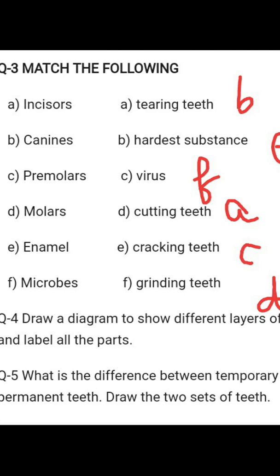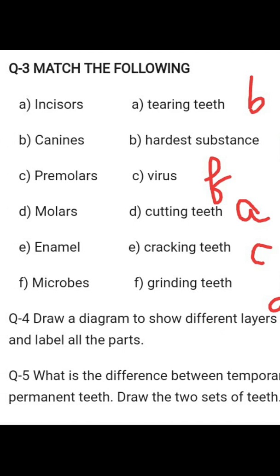Canines are tearing teeth. Premolars are cracking teeth, or we can say crushing teeth. Molars are grinding teeth.